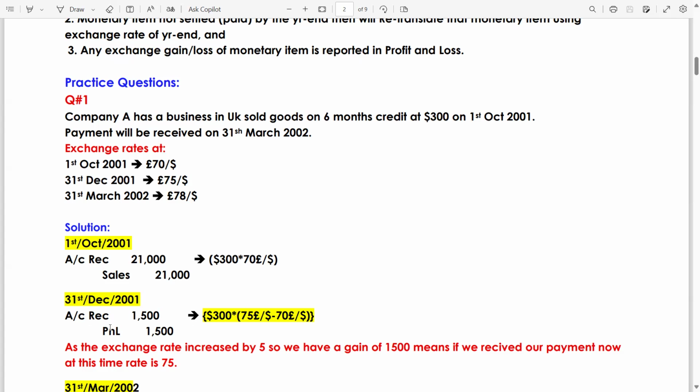How 1,500? 300 is the transaction amount and the rate was previously 70, but now it is 75, an increase of 5. So 5 multiplied by 300 is 1,500. I have written a note for you. As the exchange rate increased by 5, we have a gain of 1,500, meaning if we received our payment at this time, the rate is 75, 31st December.